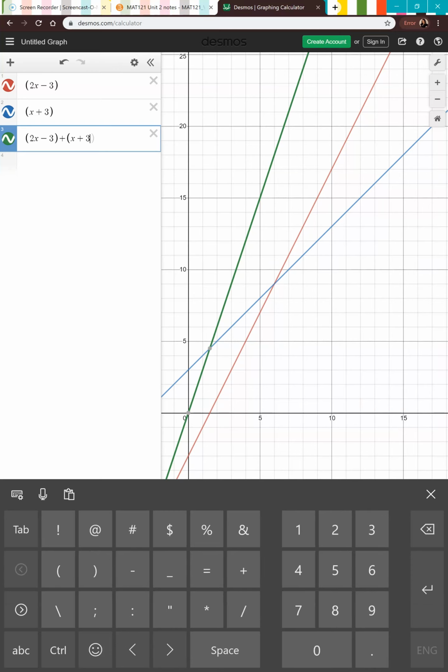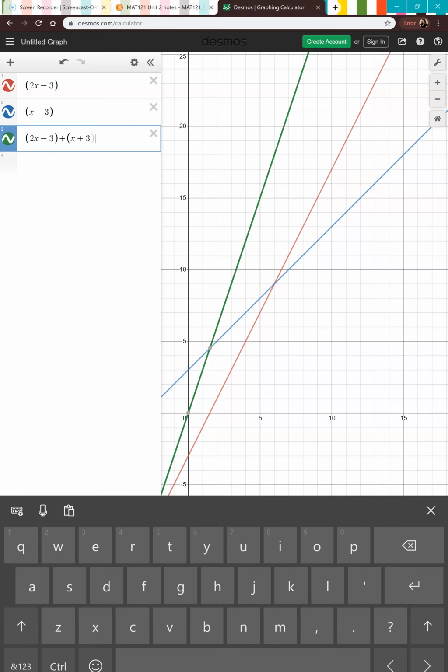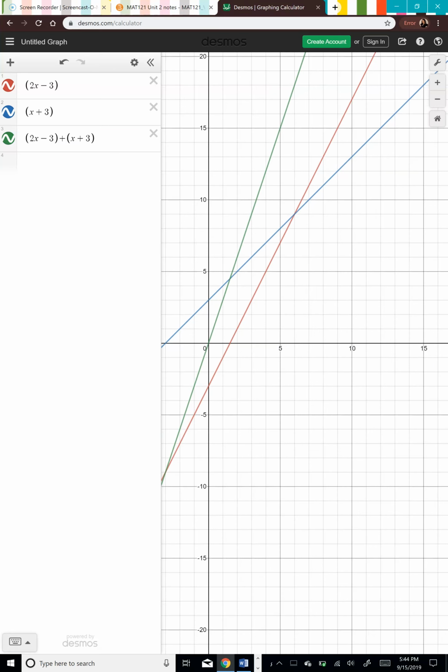Okay, and so look what's happened. My new function, my green function, is the function that happens when I'm adding them together. So instead of the y-intercept being -3 or +3, the y-intercept is 0, because I've added -3 and +3. Instead of the slope being either 2x or 1x, the slope is 3x. It's a lot steeper because I added 2x and 1x. So you can literally see that for a linear equation, it's pretty easy to see what happens when you add them together.